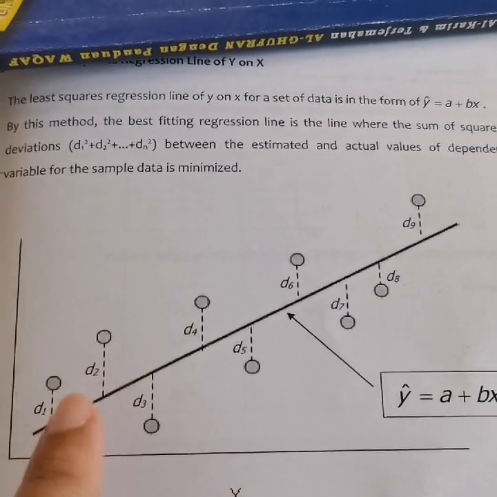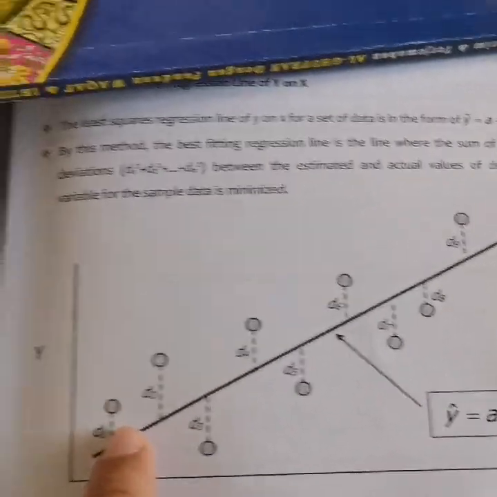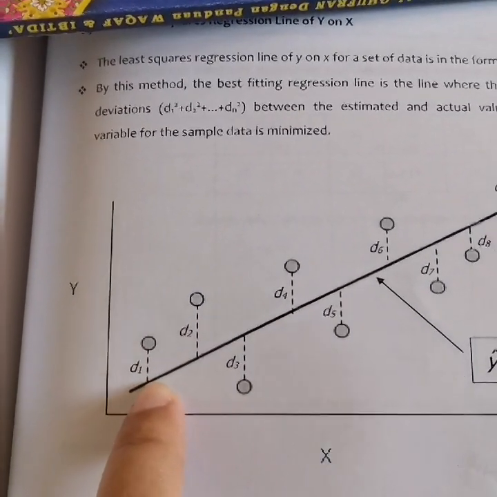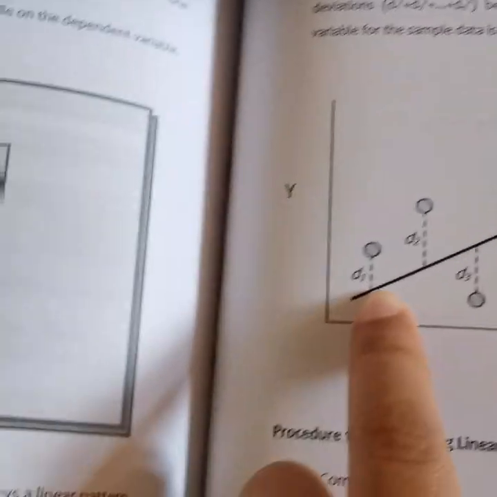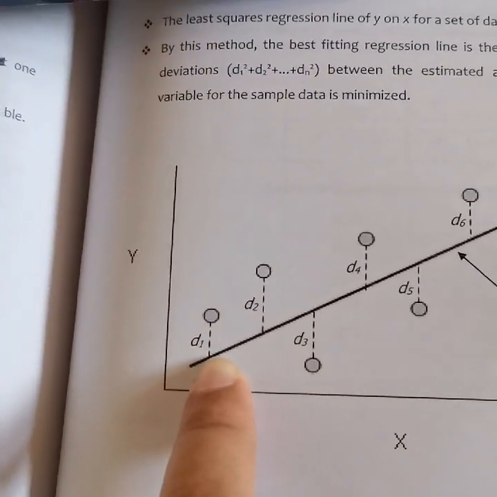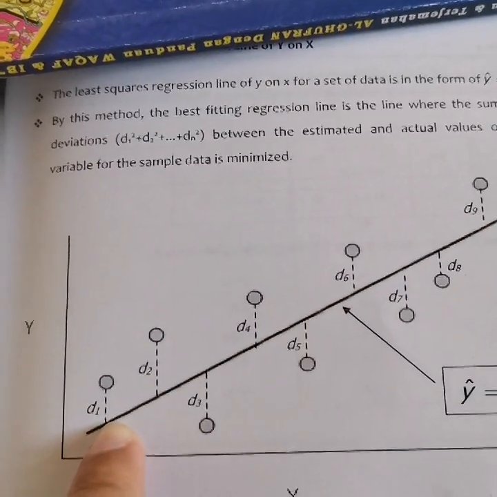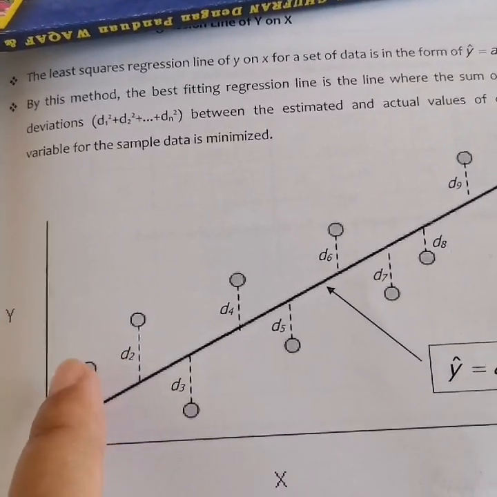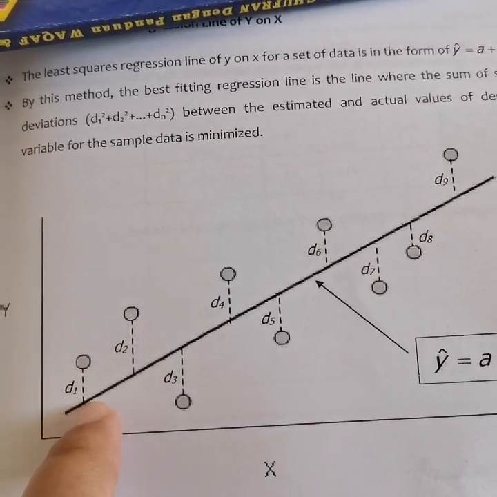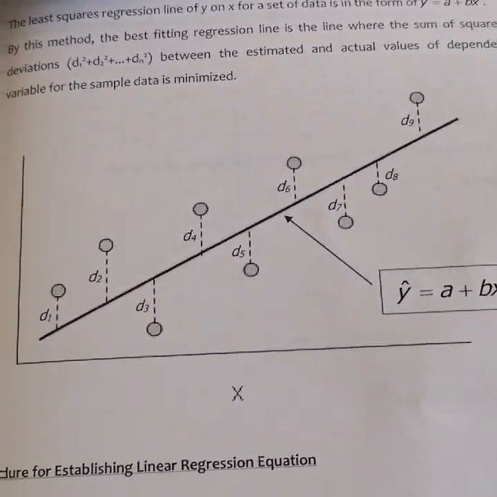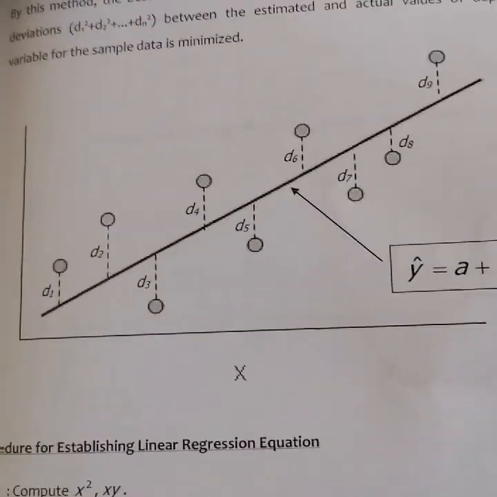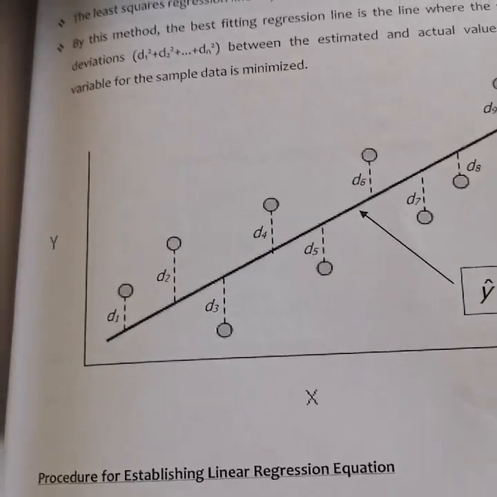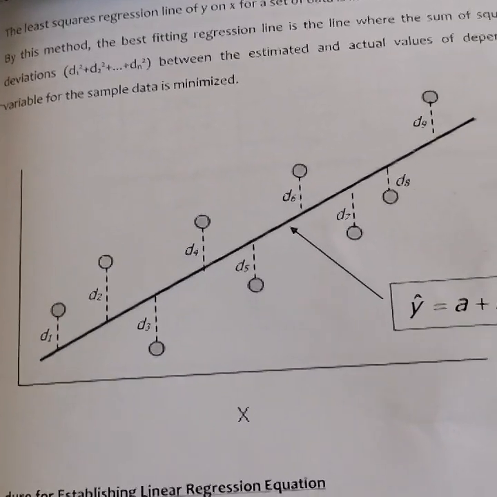When we see the difference between the original value and the line, that is what we call the difference. We are trying to minimize the square distance of the original value and the line. Why do we have the square values? Because when it comes to square values, they are all positive values.